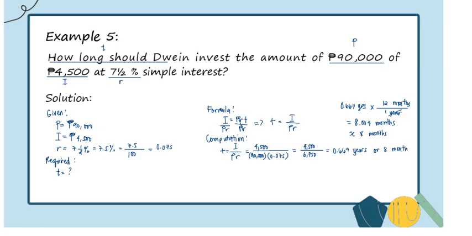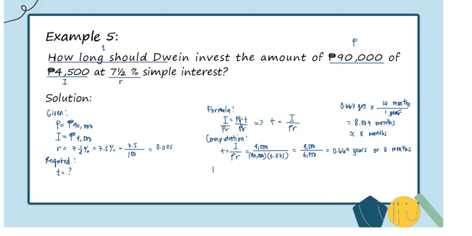So yung time or how long should Dwayne invest the money to have a simple interest of 4,500, para tumubo yung 90,000 niya ng 4,500, with a rate of 7.5%. It has to be invested within 8 months or 0.667 years.